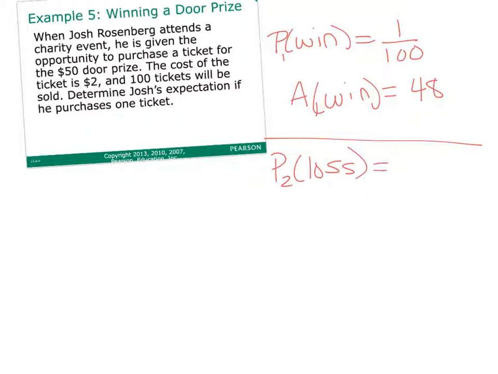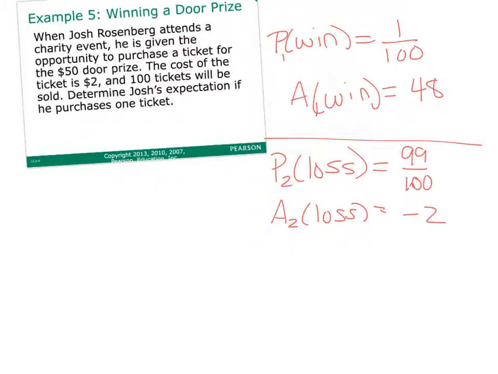So there are 99 losing tickets out of 100 total tickets. So his probability of losing is 99 out of 100. And if he loses, then the amount he will get is negative $2, because he spent $2, but he got nothing back in return.